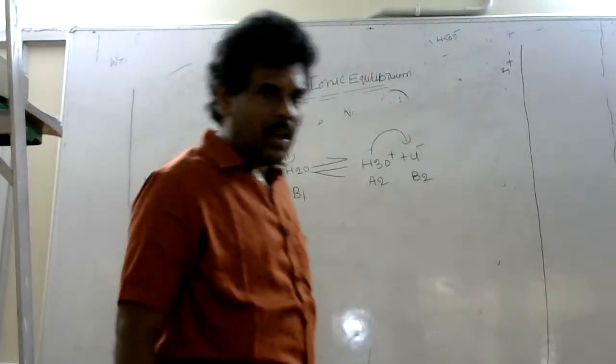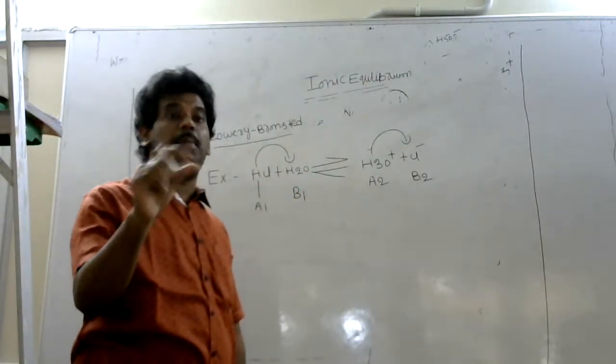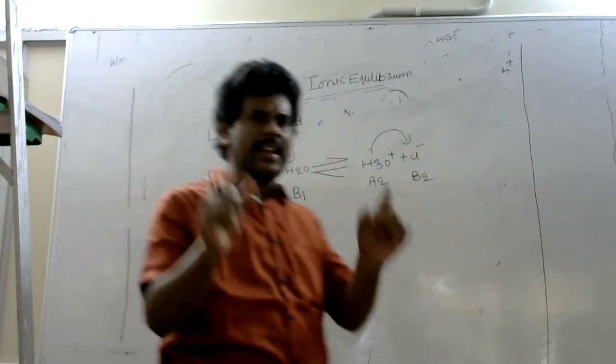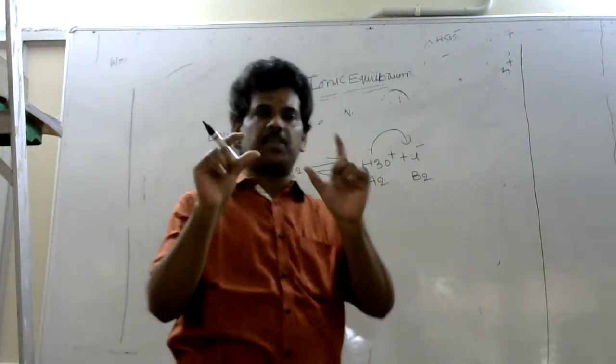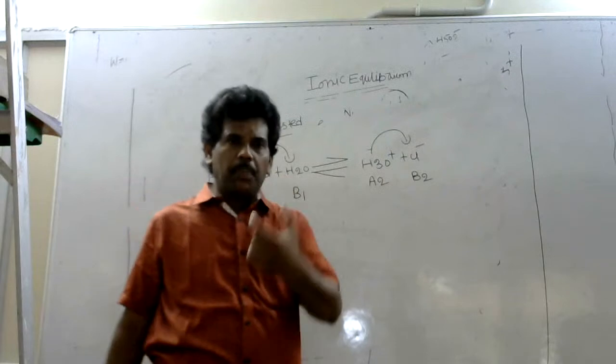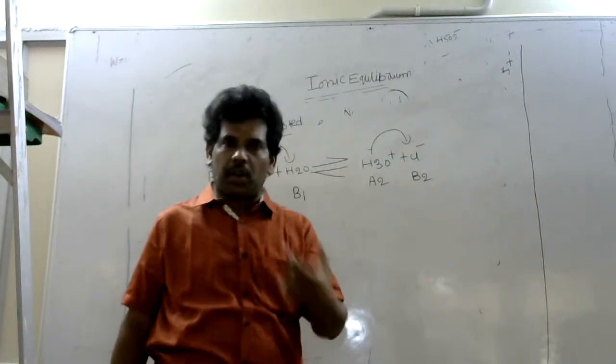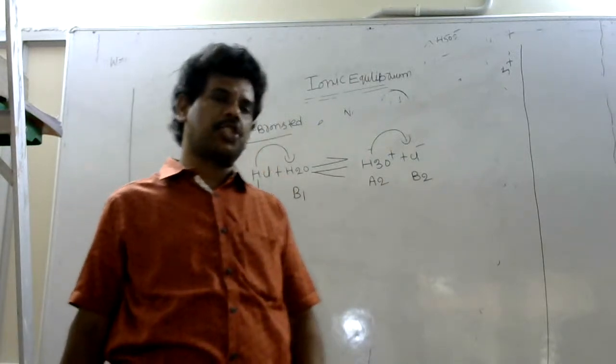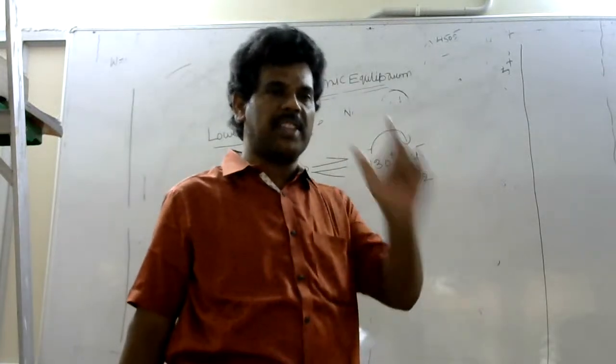Next up, conjugate acid base pair. What is a conjugate acid base pair? The pair that differs by one proton is called a conjugate acid base pair.